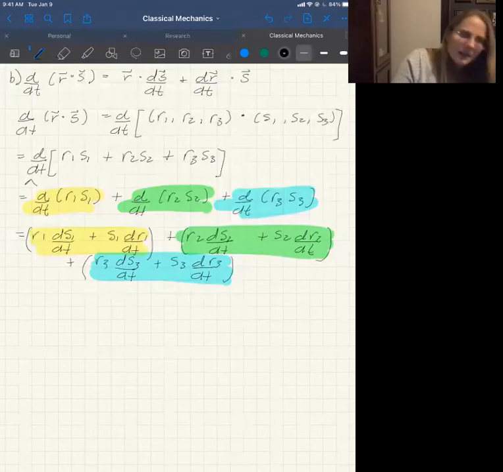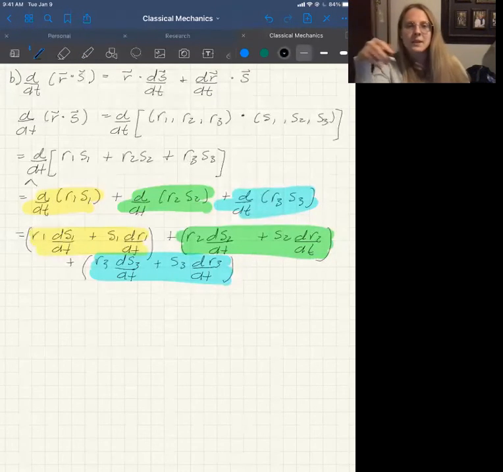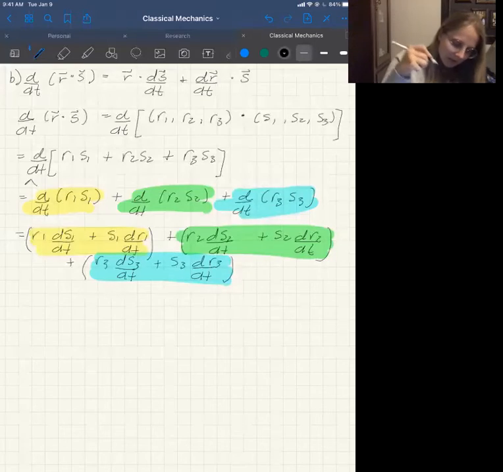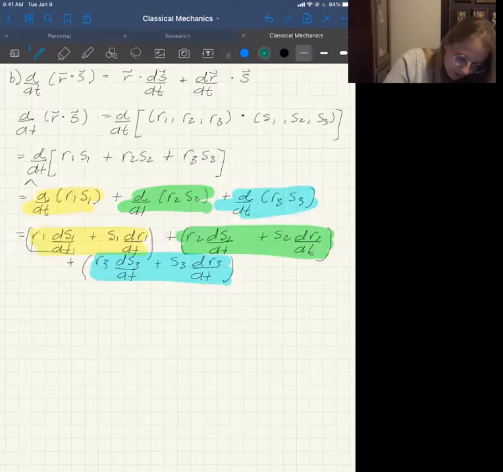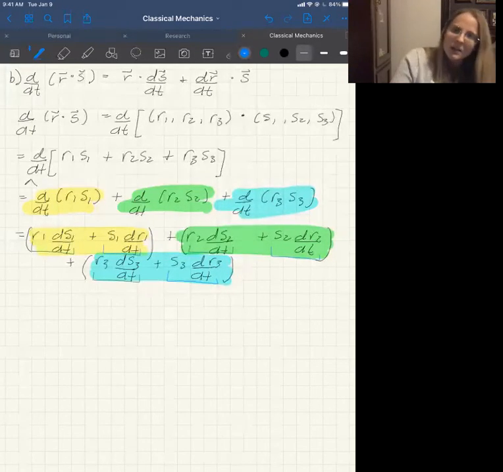Since I now have 6 terms added together, I can group these in any way I like. My choice is going to be to gather these 3 terms that have an R out in front together, and then to gather these 3 terms that have an S out in front together as well. So I want to change this to 2 groupings instead of 3.